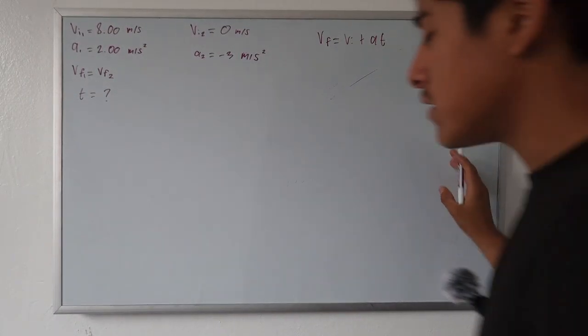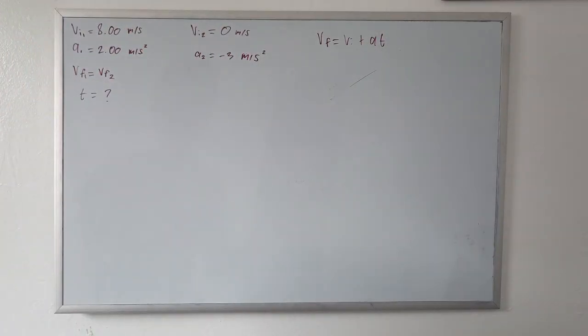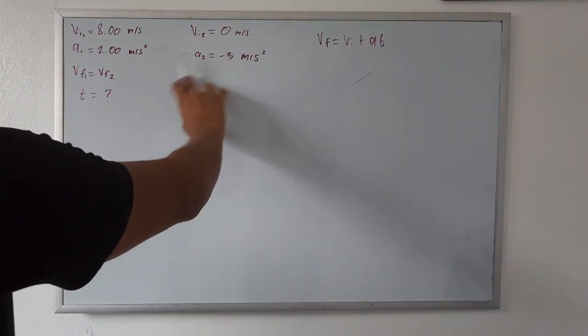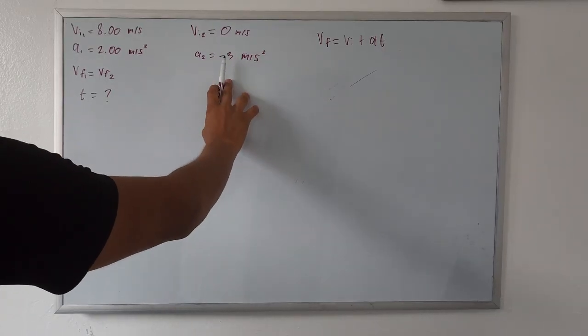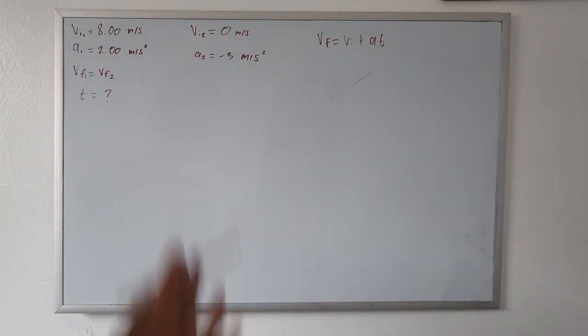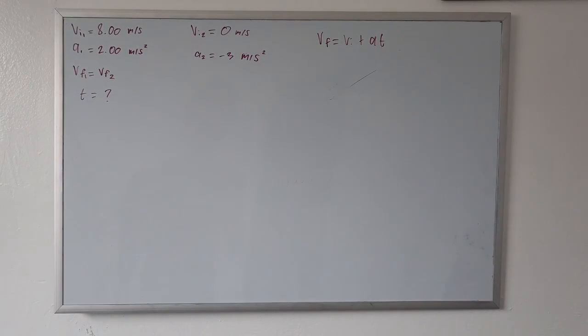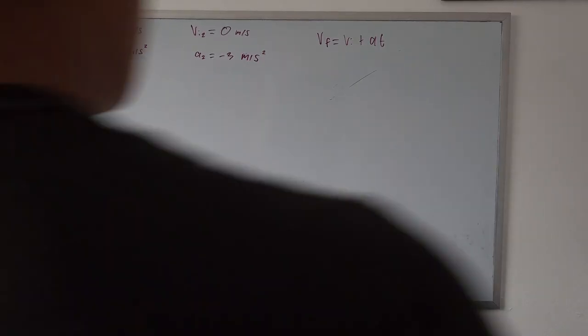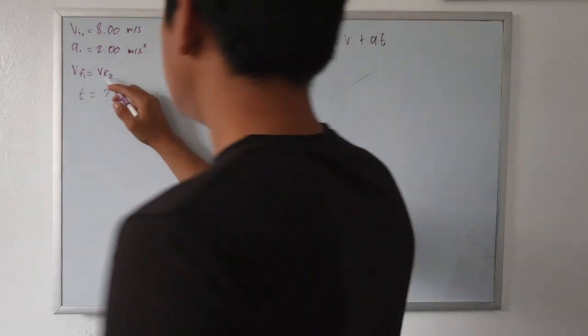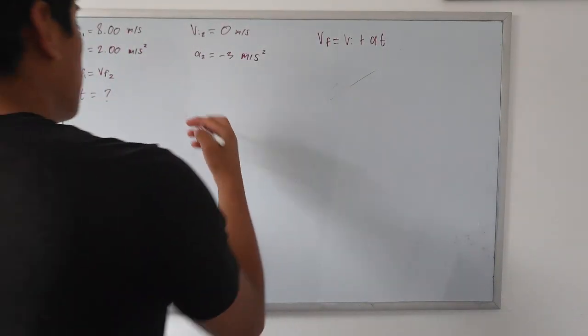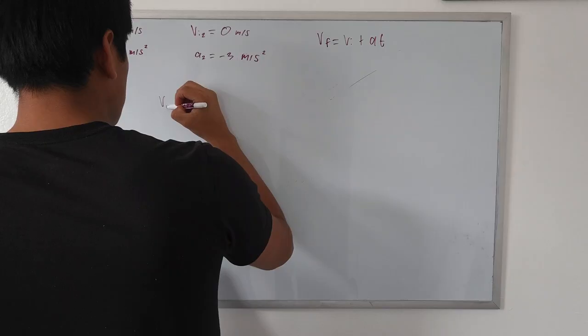We're just going to take the magnitude, so we're not going to worry about sign. This one's already all positive, and this one we're going to change to a positive right now, since we're just worried about the speed. So we know that V final 1 is equal to V final 2, so let's set these equations equal to each other.